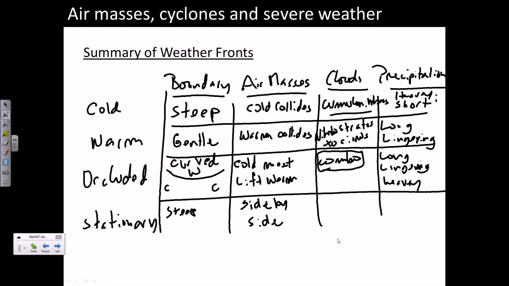And we don't get too much rain and precipitation associated with stationary fronts as something that we need to worry about here. If you take a meteorology class, it's going to go into the details of stationary fronts a little bit more and some of the weather conditions associated with them. But for our purposes, I think this should suffice.